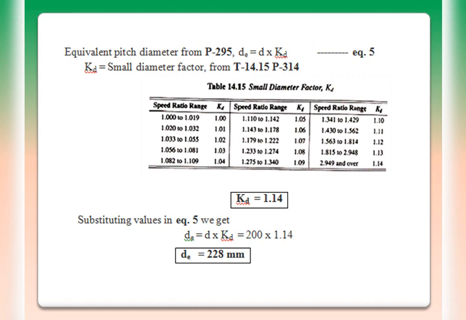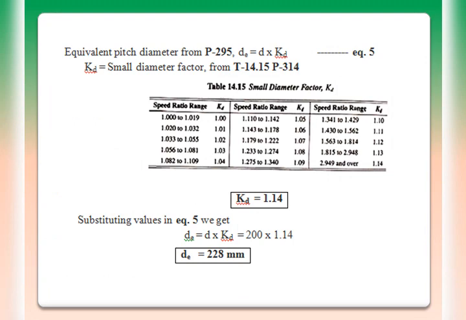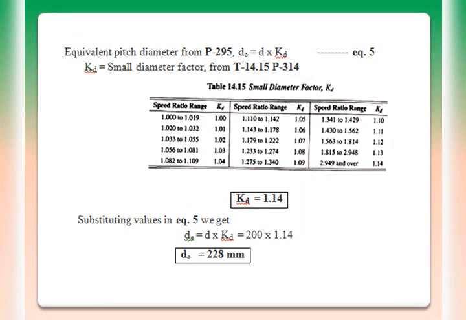After finding the velocity, now we must find the effective or equivalent pitch diameter. By referring to page number 295, one of the equations he has given, d suffix e is equal to d into k suffix d. Call that equation number 5. Further, k suffix d is the small diameter factor that we have to get. By referring to table 14.15, page 314, he has given the value of k suffix d for speed ratio or velocity ratio.